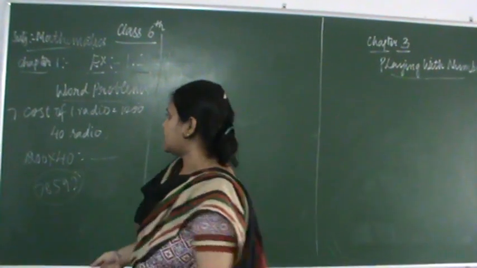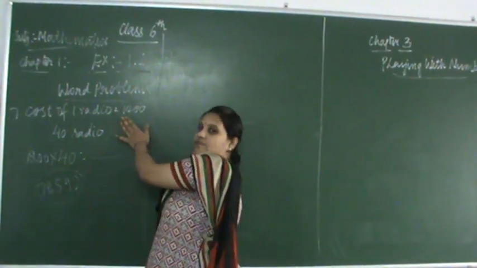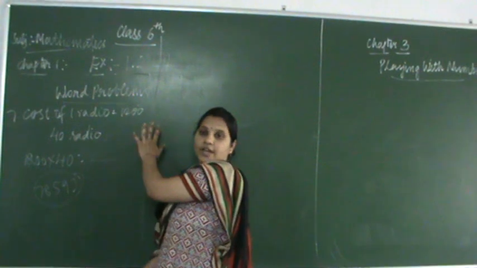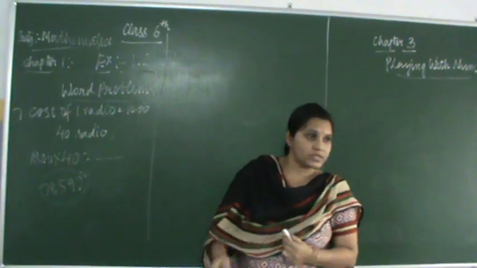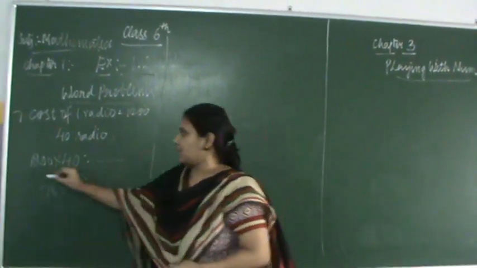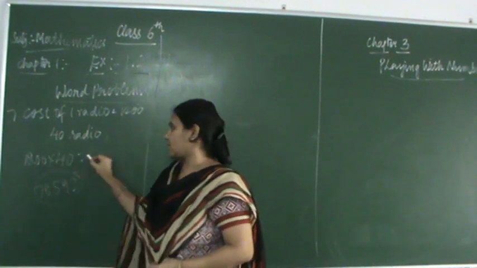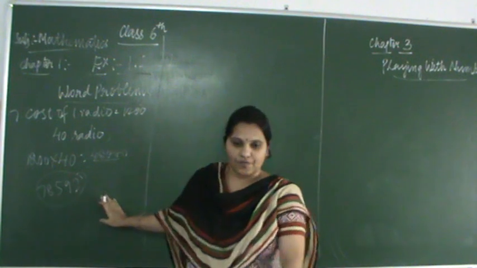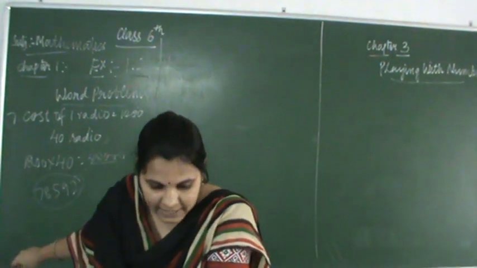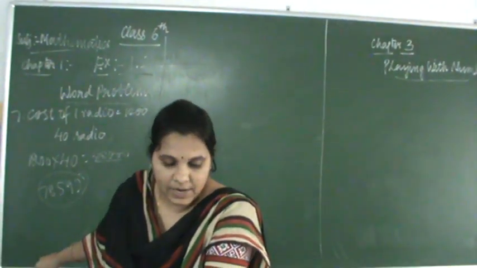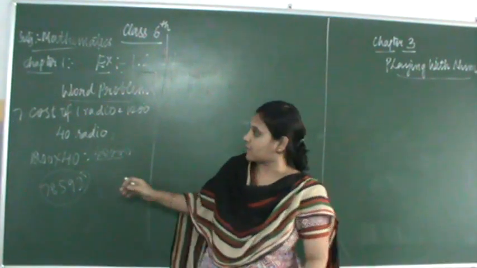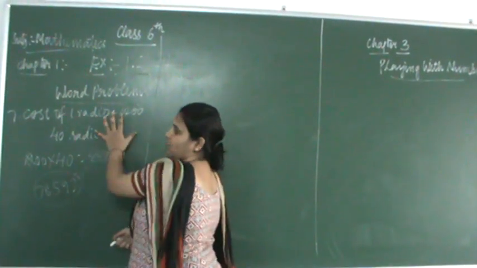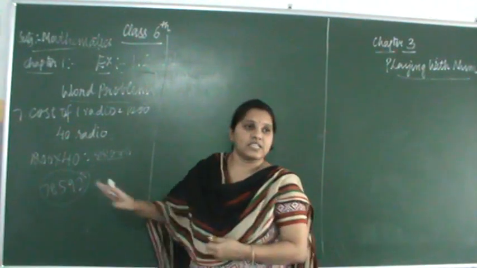So what you have to do is multiply the cost of the radio, that is 1200, into how many radios she wanted to purchase? 40. So you multiply 1200 into 40. You get 12 times 4 is 48, and 3 zeros, 48,000. Now you have to find the money that will remain after her purchase. After purchasing the 40 radio sets, how much money is she left with?